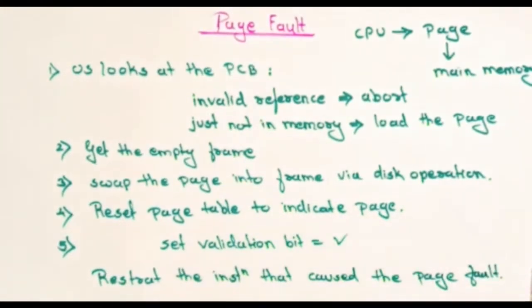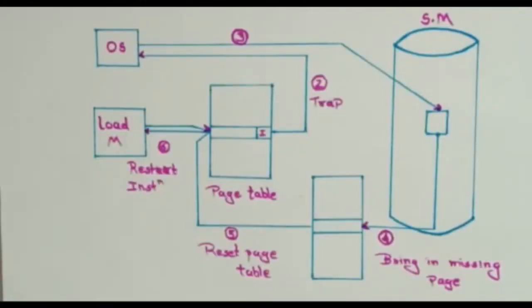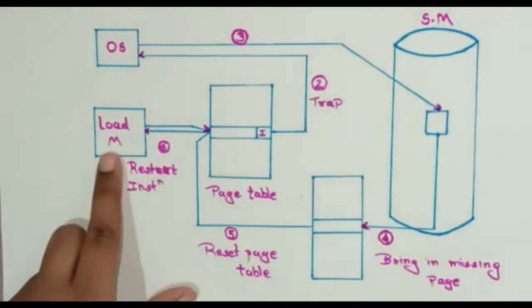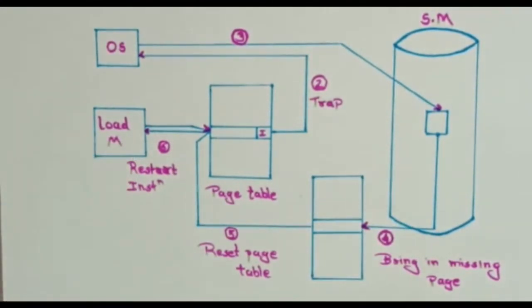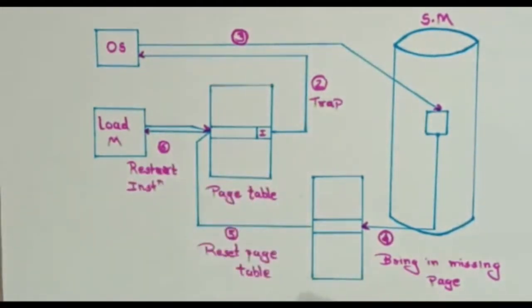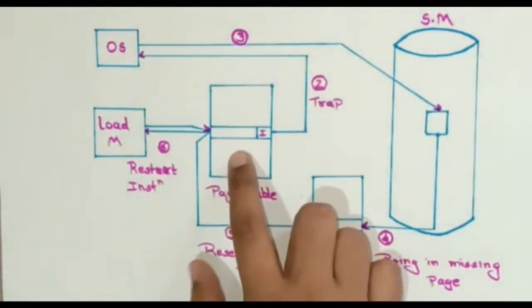So to overcome the page fault, we have to follow these steps. Let us take an example. Here we take a main memory. We have to load page M first. It sends the reference page to the page table to check whether the page is available or not.